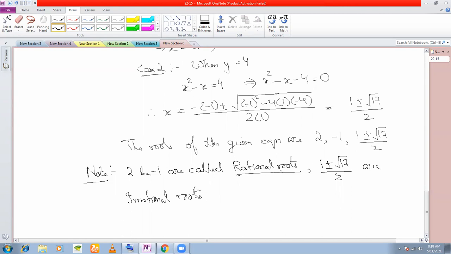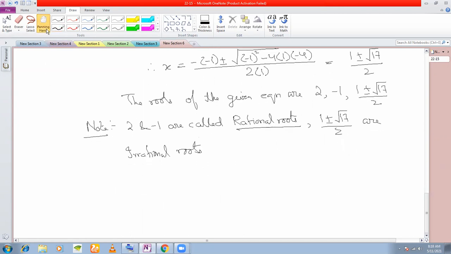Also, what you must see here is that these two roots, (1 plus root 17)/2 and (1 minus root 17)/2, are conjugates of each other. Remember, in class 9 I had mentioned conjugacy, conjugate surds.